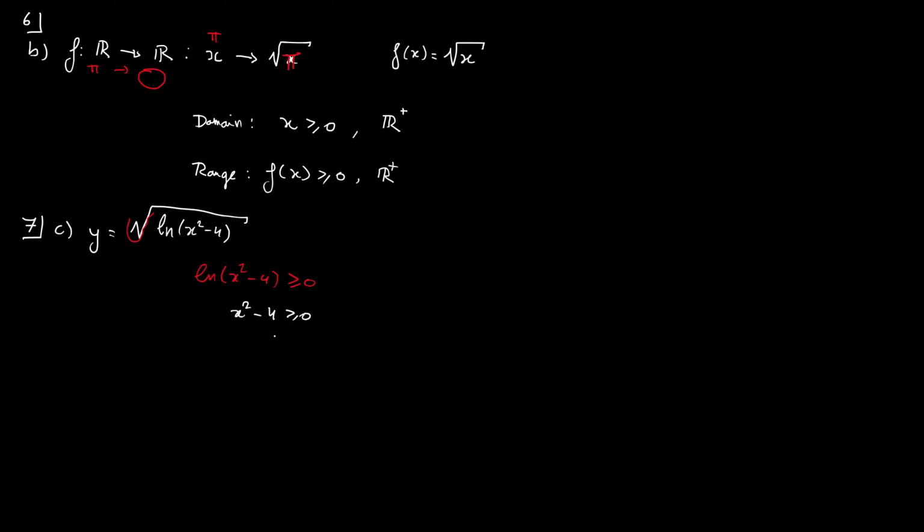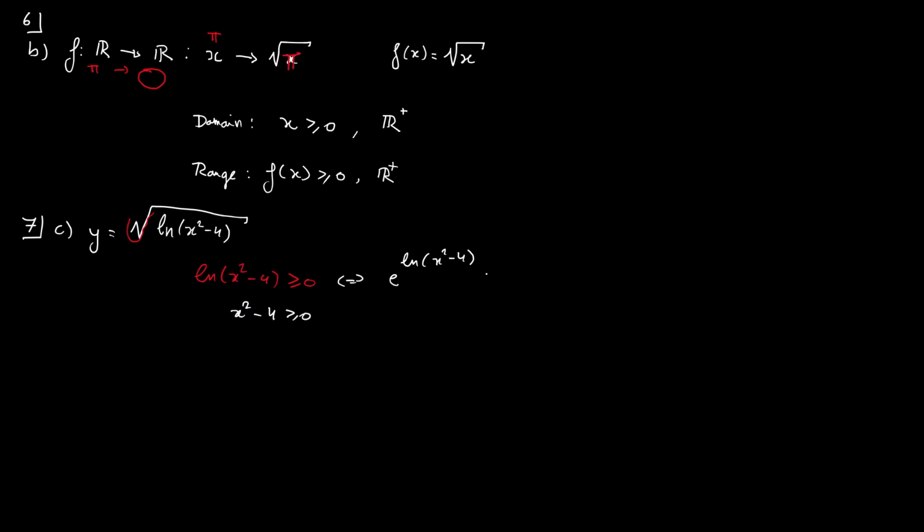Now we have to think, which of these two restrictions is the most strict? So here we can just read it off immediately. We can see that x squared minus 4 needs to be greater than 0. So this is pretty clear, but what does it mean for this one? Let's work that out a little bit. Well, this is very hard to calculate, but let's say e to the power of ln(x squared minus 4).